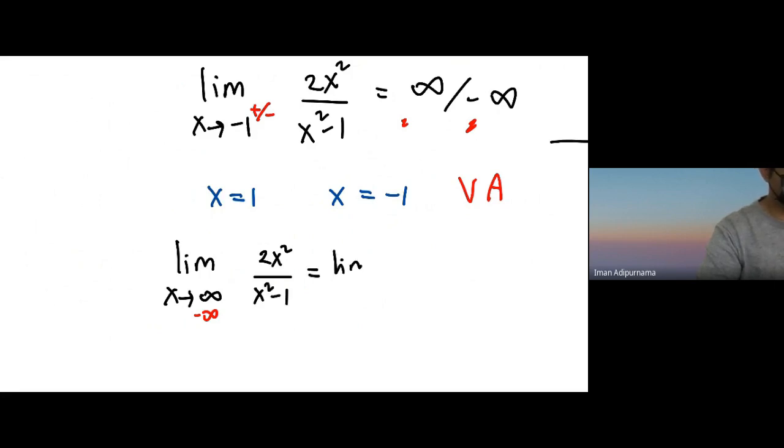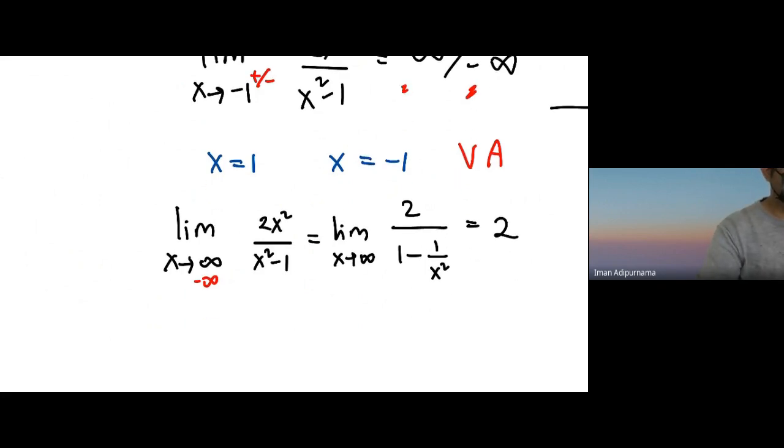And then we can check this, and we know that this will be equal to the value 2. So we can write y equals 2 is our horizontal asymptote. If you want to draw the asymptotes first, that is okay. You can draw the lines, and then the rest we will draw the curve.